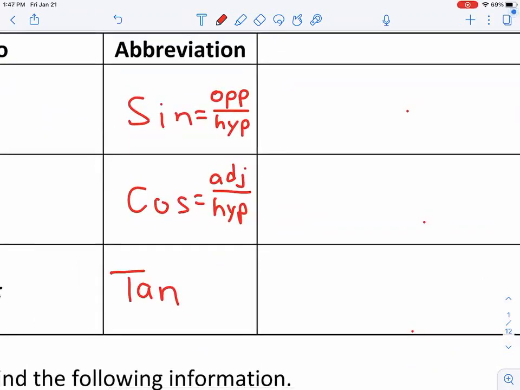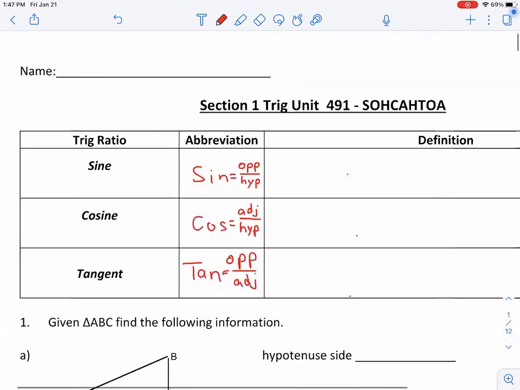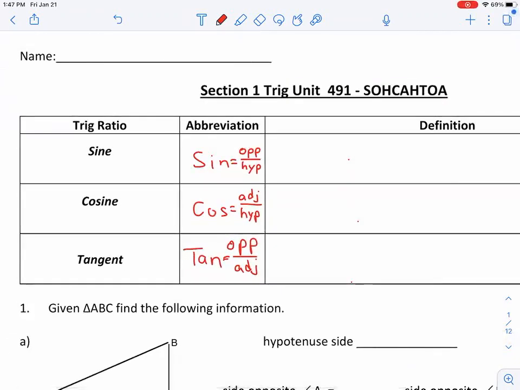And the tangent is the opposite over the adjacent. We will work with those so much that you'll learn them pretty quickly. So again, talking about side lengths, the sine is the ratio of the opposite side over the hypotenuse. The cosine is the adjacent over the hypotenuse, and the tangent is opposite over adjacent.